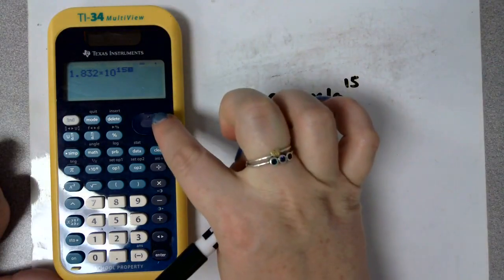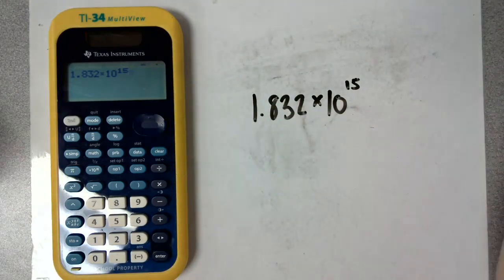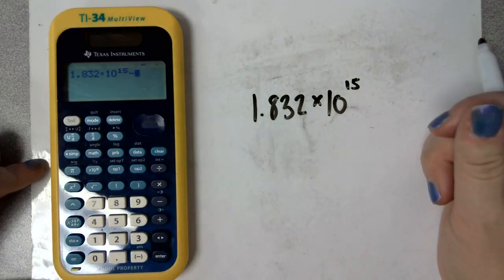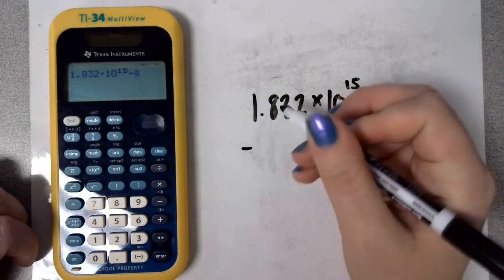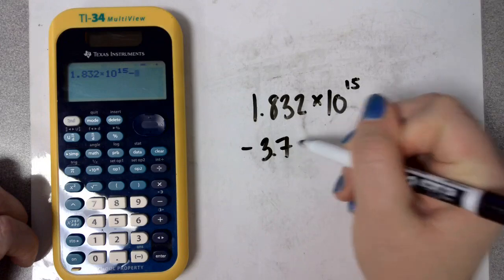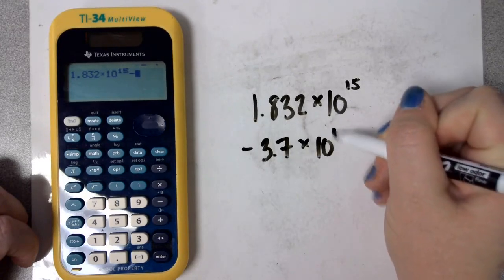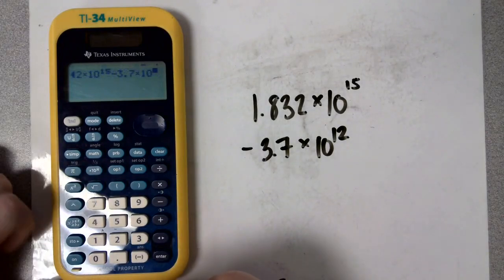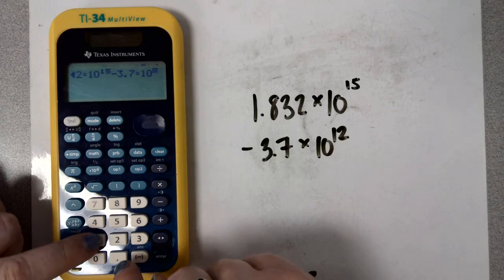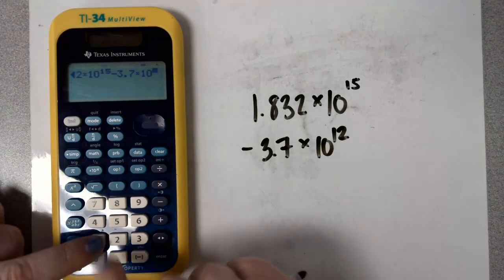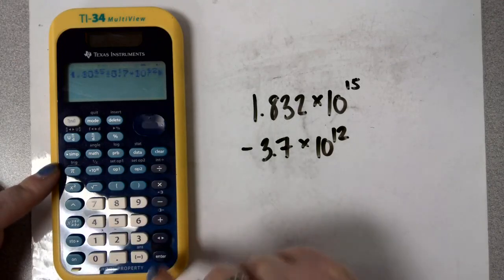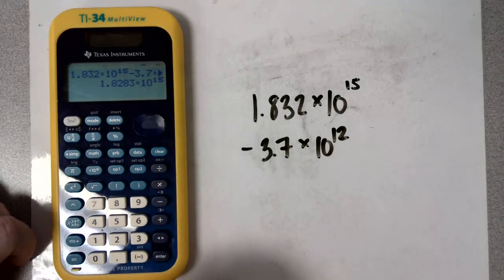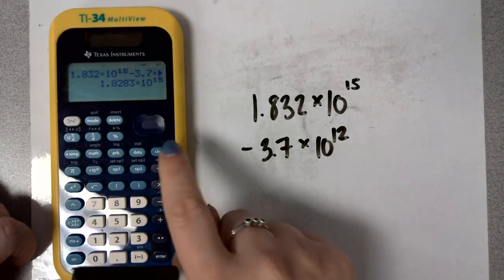Then, this is important, I slide that arrow key over so the cursor is big again. And maybe I'm subtracting, so then I could do minus 3.7 times 10 to the 12. So again, 3.7, scientific notation button. It already gave me times 10 to the power of, and I just type in 12, enter. And it gave me that answer in scientific notation.